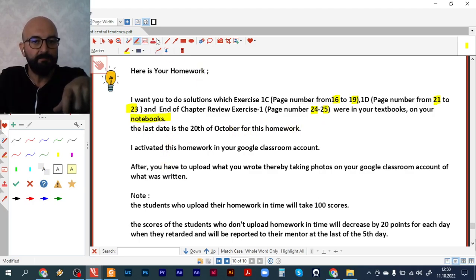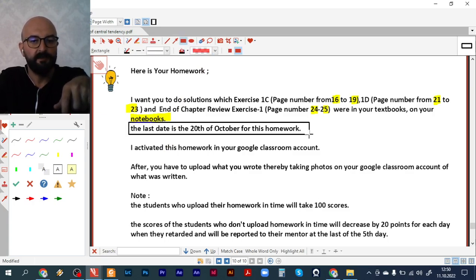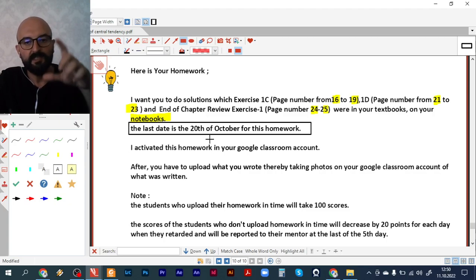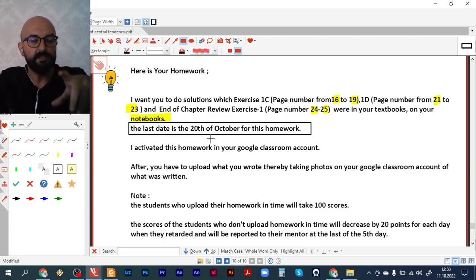and please pay attention that the last date is the 20th October for this homework. Today is 11th of October, and 9 days later is the last date.